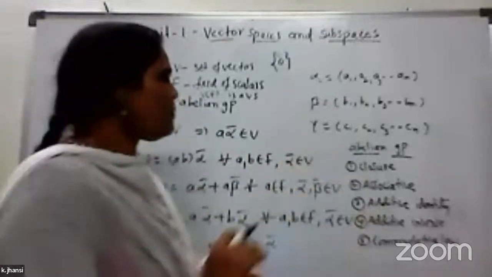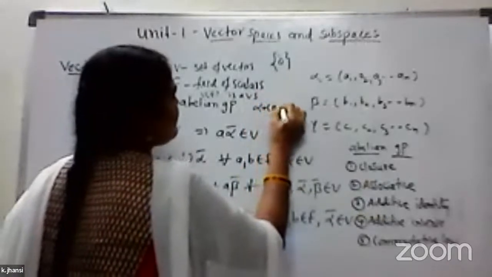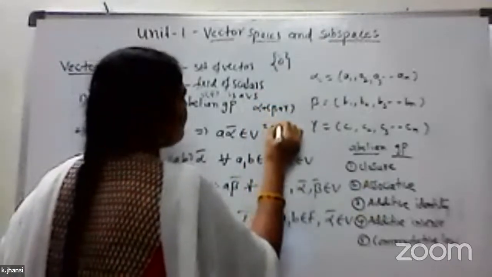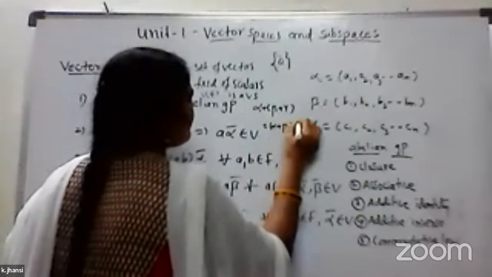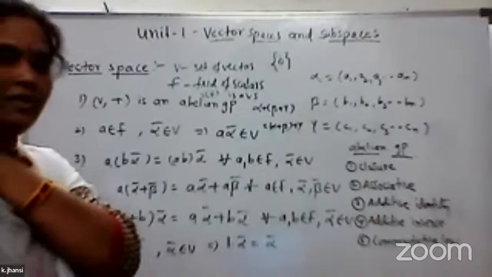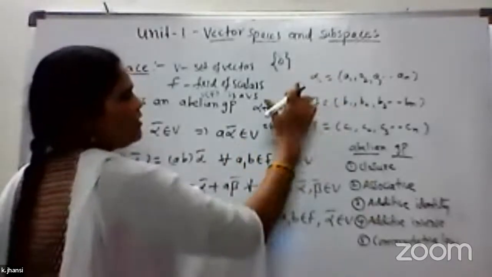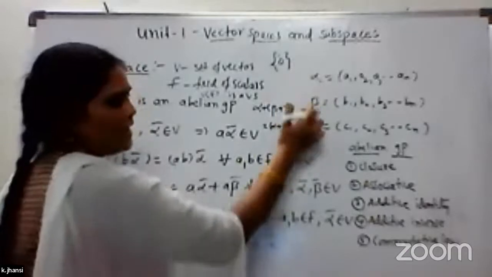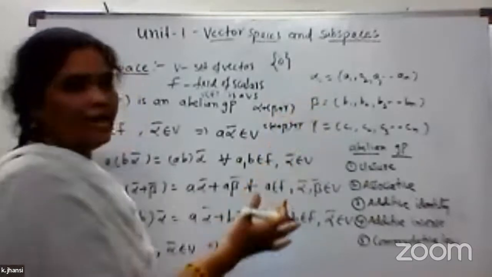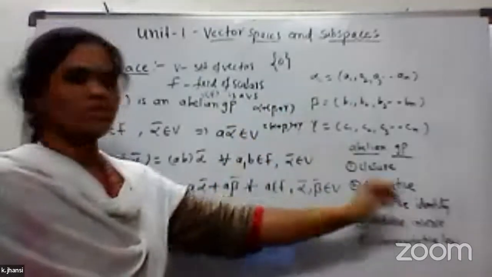Associative property means alpha plus beta plus gamma equals alpha plus beta plus gamma, that is (A plus B) plus C equals A plus (B plus C). So when you add these, you will get elements that will be in V. So it satisfies even the associative property.